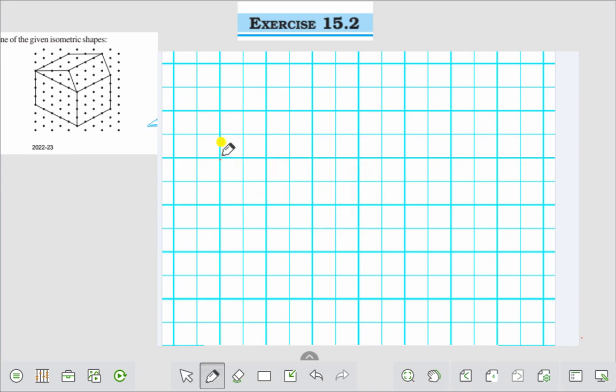From here it is 4 unit. 1, 2, 3, 4. It is 4 unit, right?